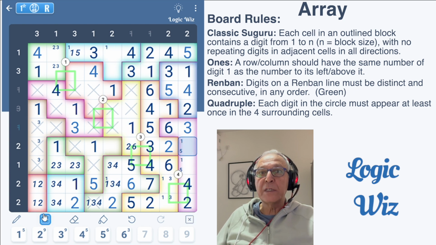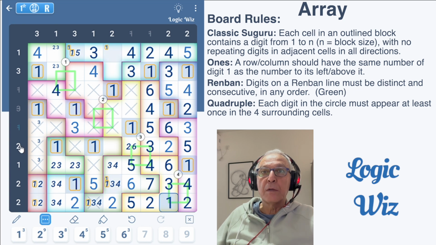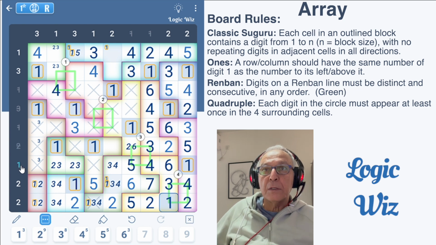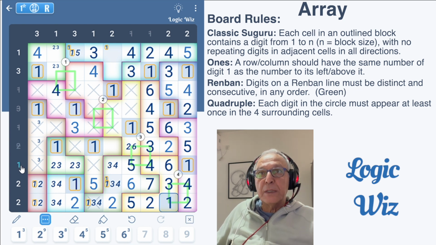Therefore, this one can no longer be a 1, it must be a 5. 5 and 1, which basically fixes this to be 3, and this one is a 1. And we are done with this one. We are done with this one.